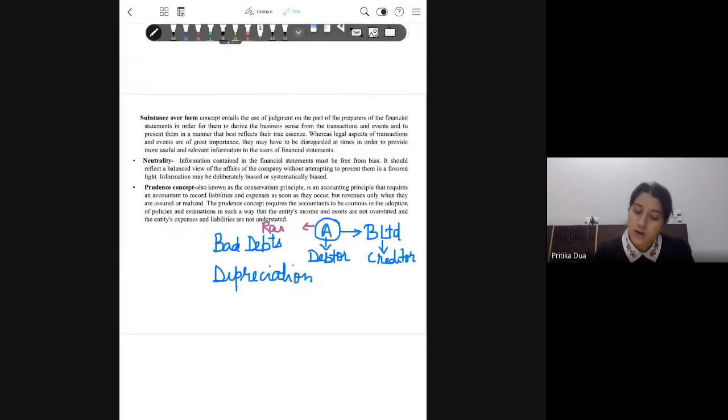Now for A, this is just the opposite transaction. Now who has given the credit? A has given the credit, and who has taken it? Ram has taken it. So now A becomes the creditor and Ram becomes the debtor. So the same party can be creditor for someone and debtor for some other party.